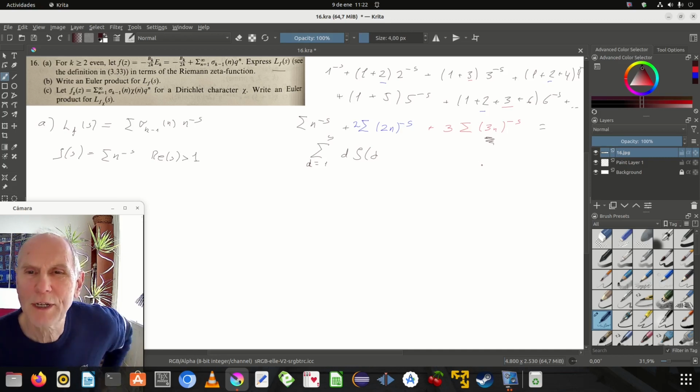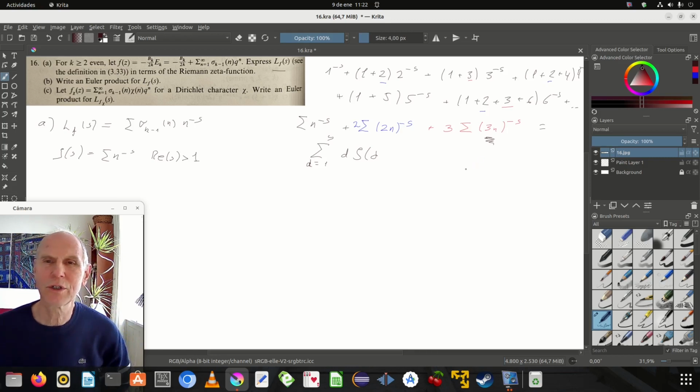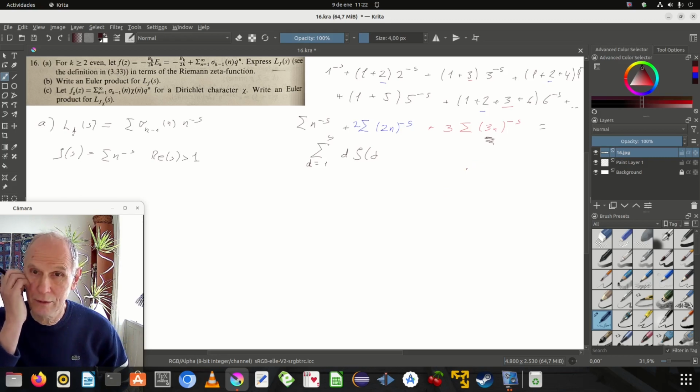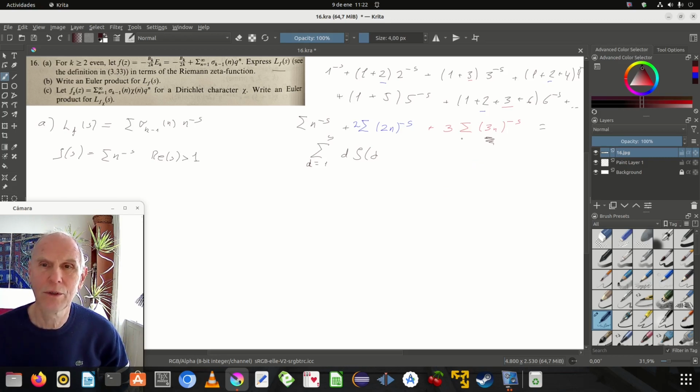I thought I could express that in terms of the zeta function. Well, we just take 2 to minus s outside. So it's d to 1 minus s.